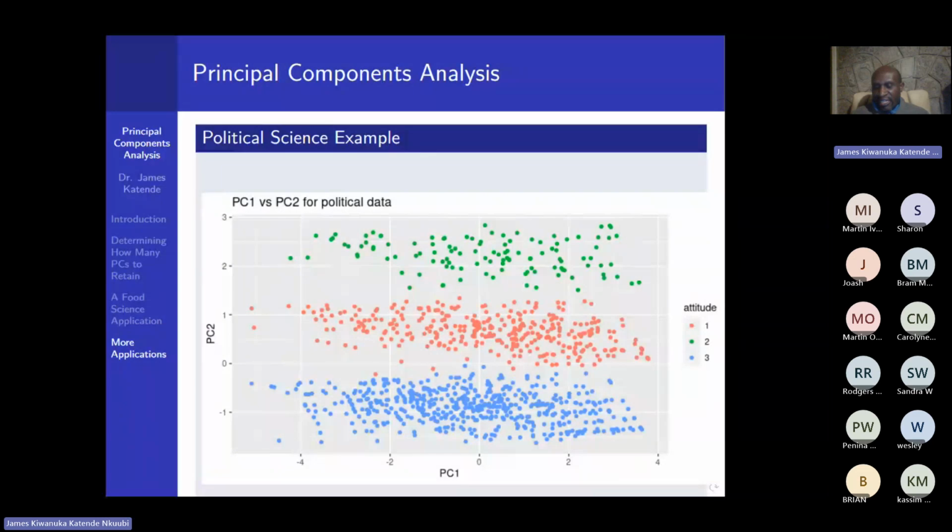We will see the data when we go to the coding. But you see, it was able to classify the people into 3 different political groupings.